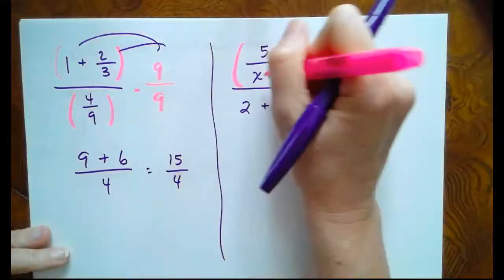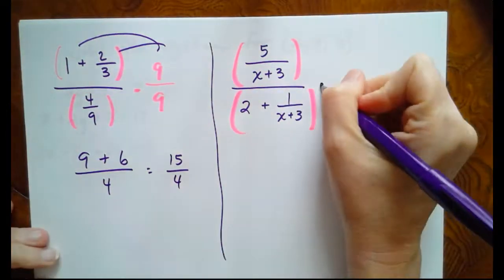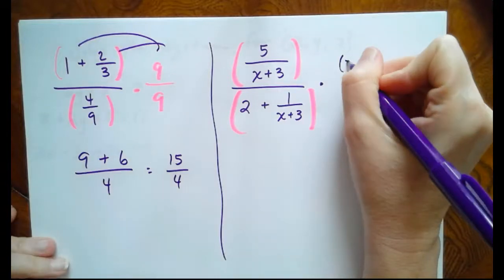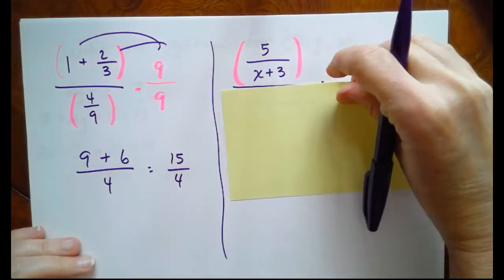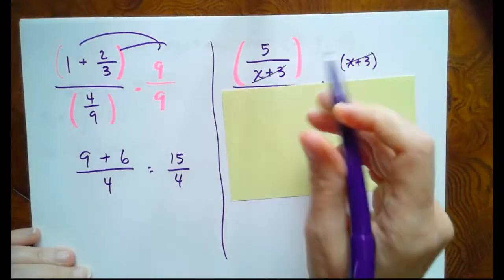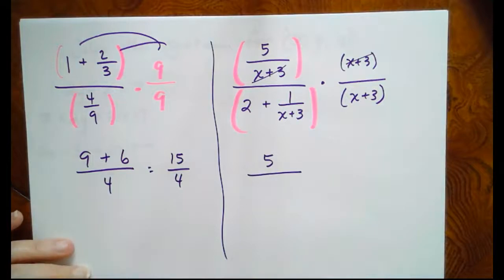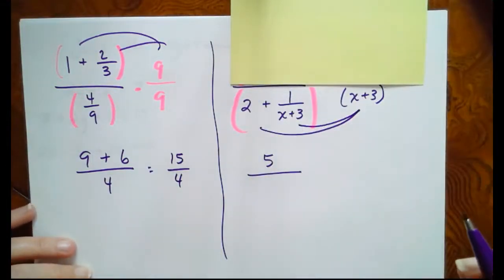Let's multiply everything, top and bottom, by x plus 3 over x plus 3. So, on the top, x plus 3 times 5 over x plus 3. The x plus 3's cancel. We end up with 5. To the bottom, remember this is getting distributed to both of those.